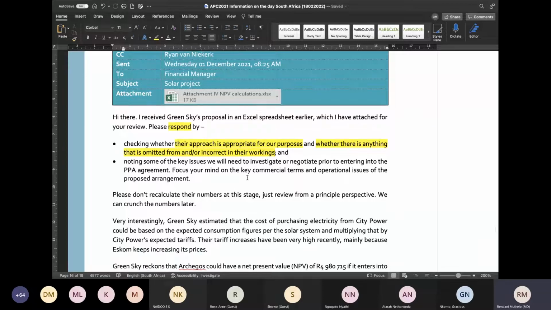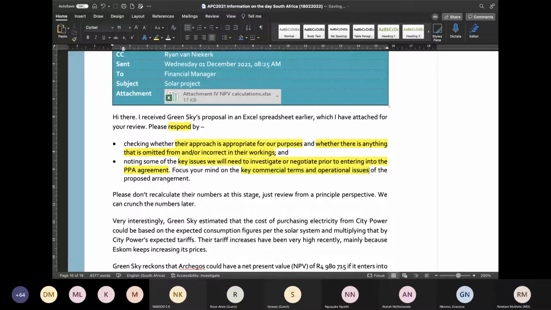And noting some of the key issues we will need to investigate or negotiate prior to entering into the PPA. So now there is a strategy or decision-making piece. Focus your mind on the key commercial terms and operational issues.